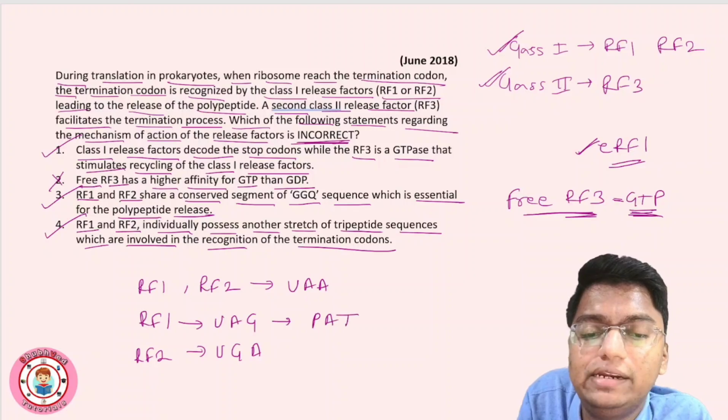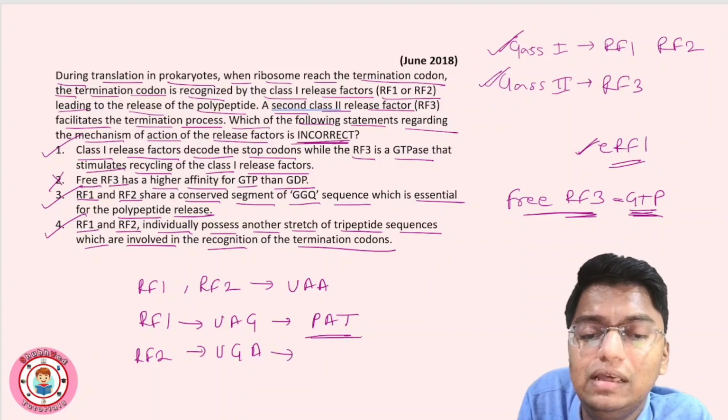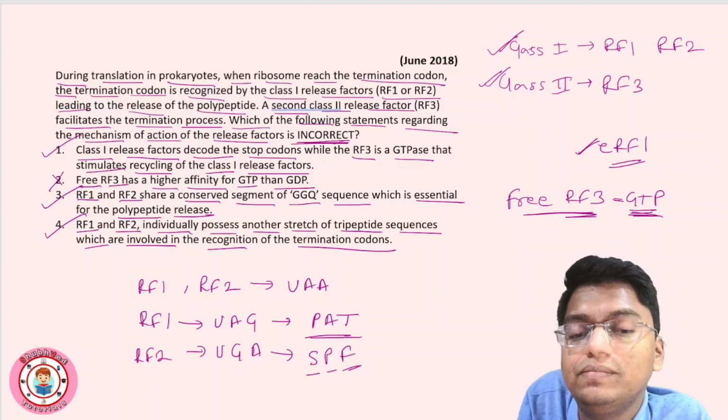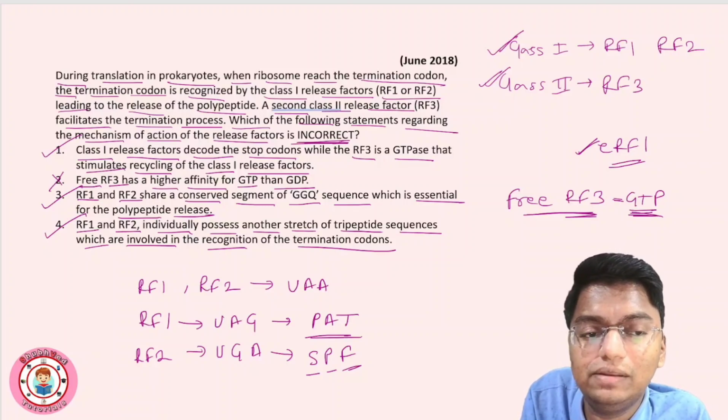Okay, PAT: proline, alanine, threonine. Right? You have to remember this. And the one RF2 has is SPF: serine, proline and phenylalanine. Right? Serine, proline and phenylalanine.